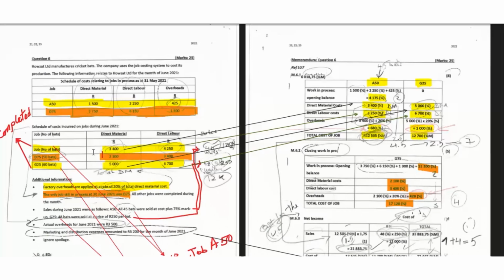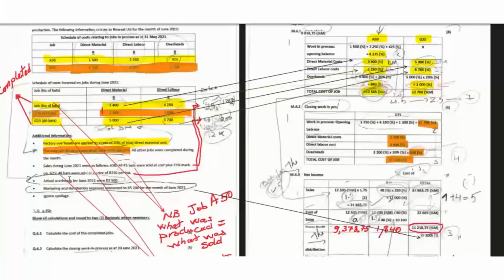Just before I touch on the additional information, in the second table, as you can see, there is direct material and direct labor that is provided to us, right? But I want to specifically come to the additional information, which will provide context for all this, because this additional information is something very important for you to read. Factory overhead is applied at a rate of 20% of total direct material.